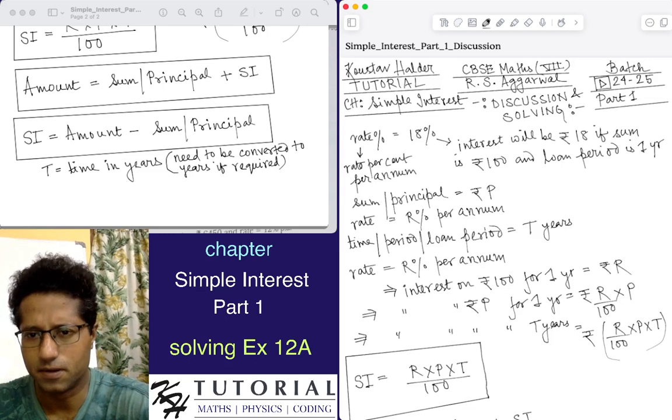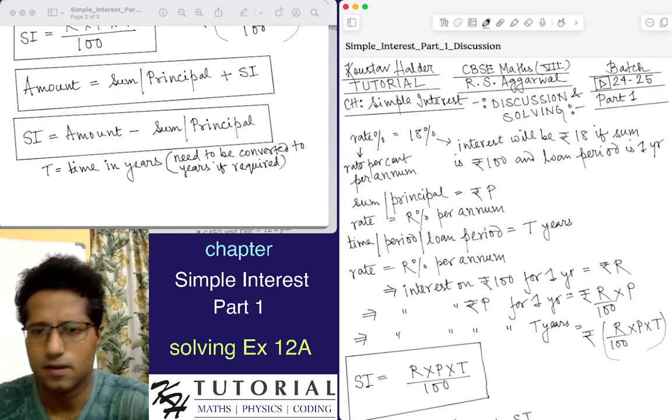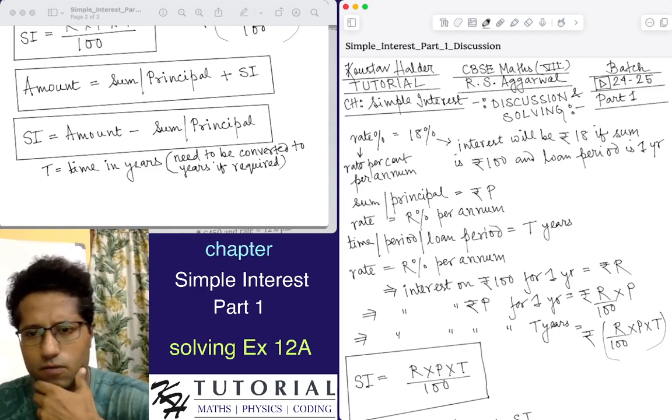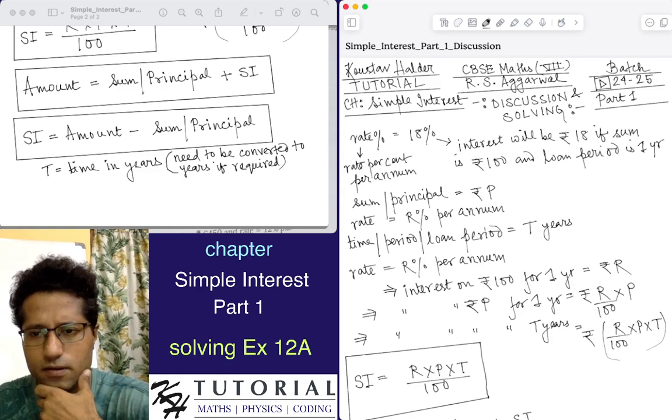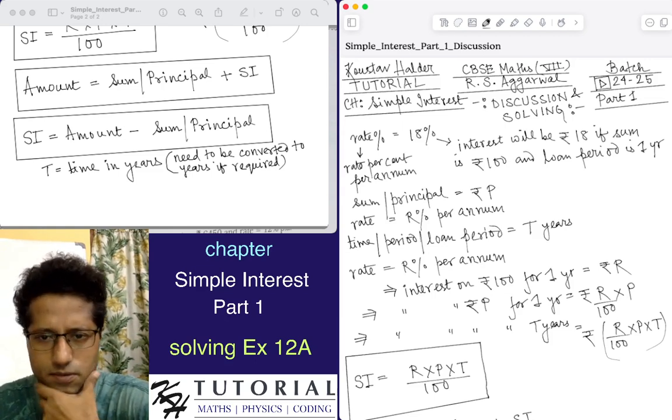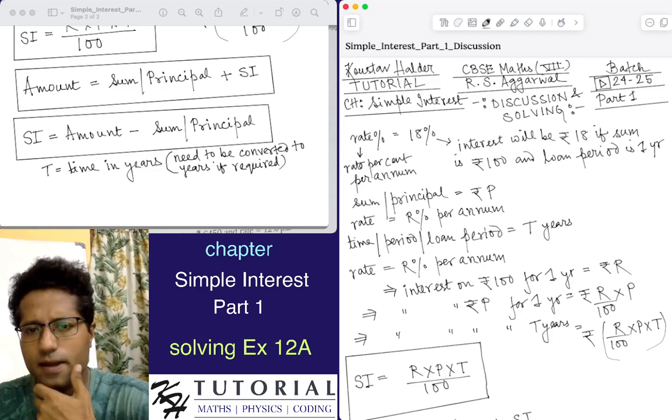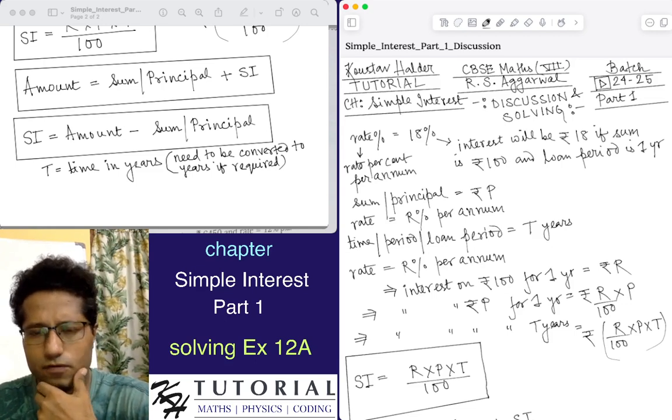If rate percent per annum is R, that means you have to pay the interest rupees R per rupees 100 for 1 year. That is, if you are borrowing rupees 100 for 1 year, then the extra money, that is interest, you have to pay is R. That means the rate percent per annum. And the period of time, that is for how many years you are borrowing the money, that is T.